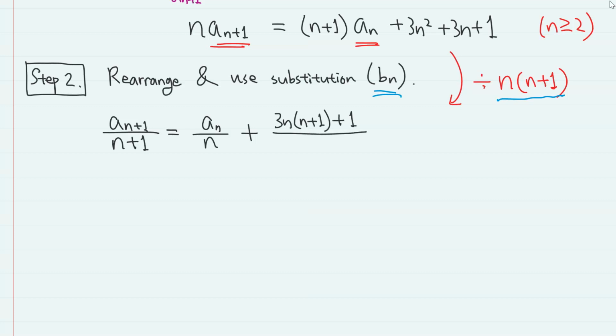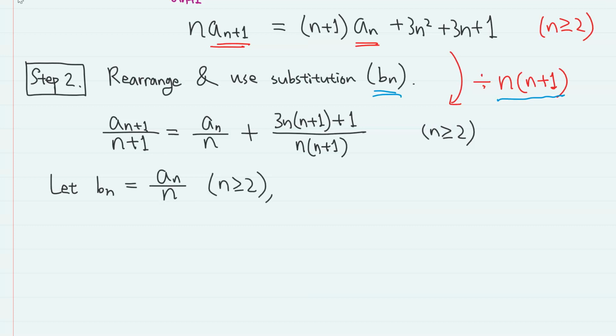So we have this divided by n(n+1). So, letting the new sequence bn be an divided by n, for all natural numbers n greater than or equal to 2, we have b(n+1) equals bn plus, and notice that this divided by this gives 3, so we have 3 plus 1 over n(n+1).